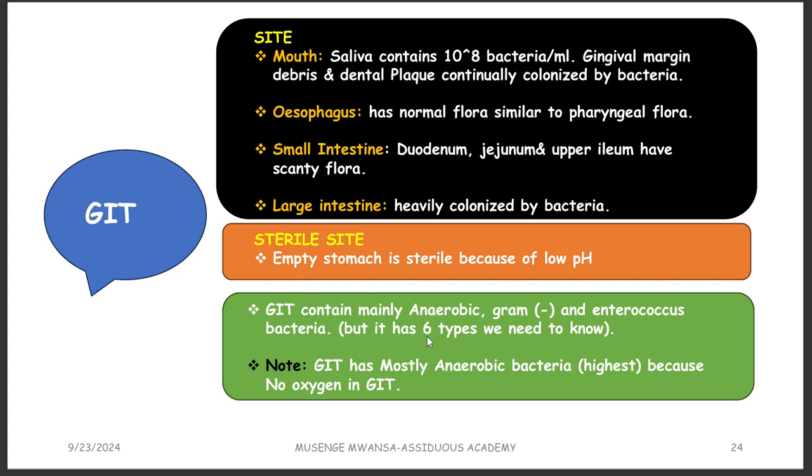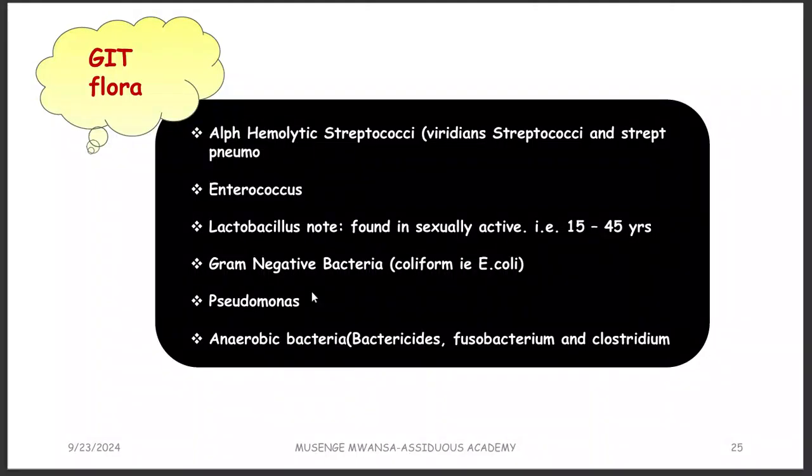And the GIT contains many anaerobic gram-negative and enterococcus bacteria. Enterococcus, okay, but it has got 6 types we need to know. So GIT has the most anaerobic bacteria, highest, because there is no oxygen in the GIT. So the GIT bacteria: alpha hemolytic streptococcus, which is the viridans.